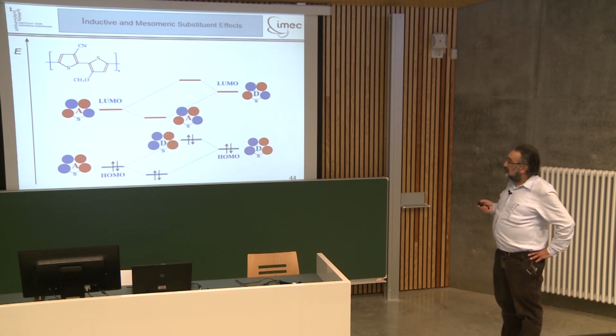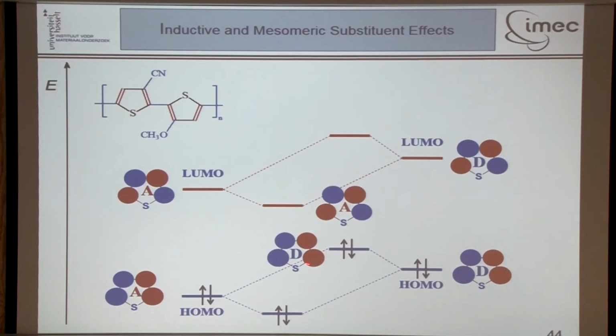Another aspect that is a consequence of this analysis is that if you look at how the HOMO orbital looks, as it is closer to the HOMO of the donor structure, the contribution in this combination will be largest on this structure. So the new HOMO looks effectively like the HOMO of the donor polymer.